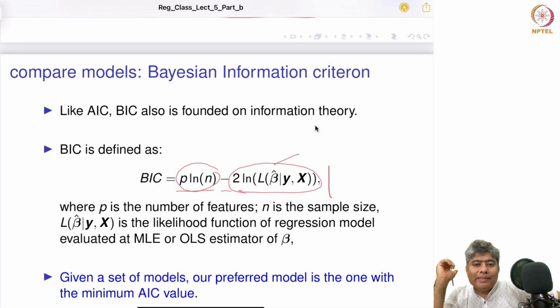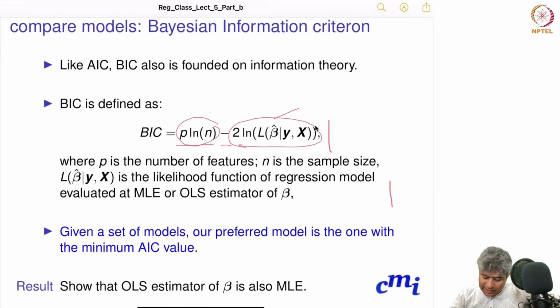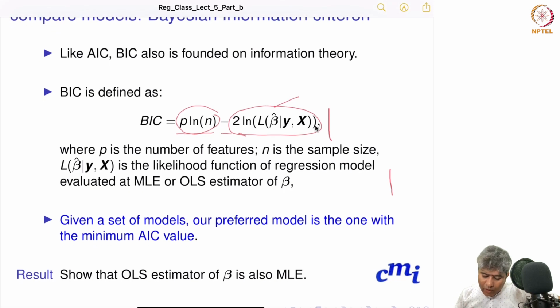In my experience, for all practical purposes, when you do data analysis, they generally don't contradict each other. Here p is the number of features, and n is the sample size. Given a set of models, our preferred model will be the one with the minimum BIC value.